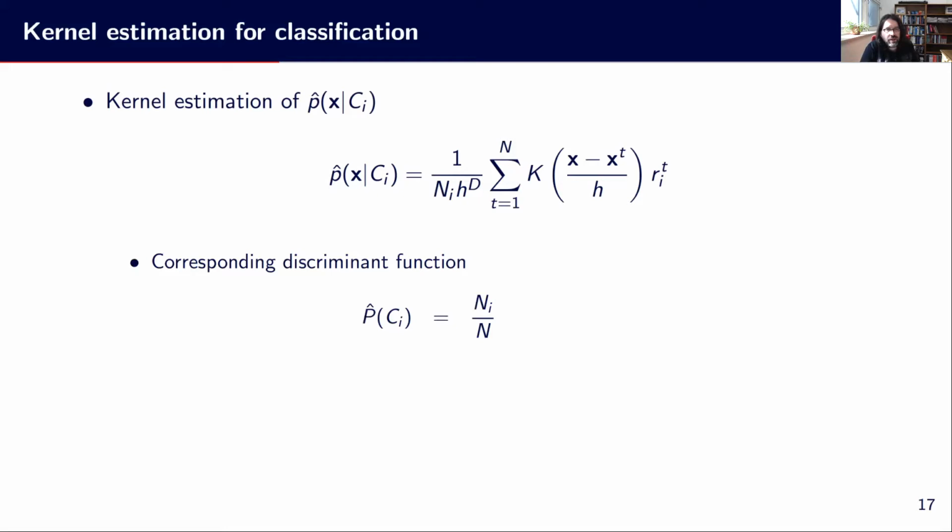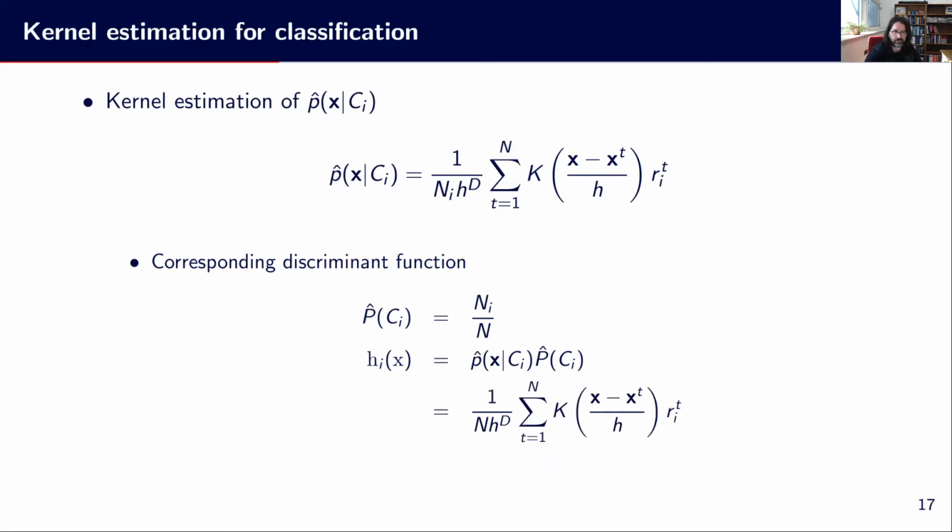And then using an estimation of the prior in that way, which is not new. We have a function h_i that is a classifier, as we know, but that is based on a kernel estimation of the distribution for that class from these samples at a given point x. If we are expanding this, the formula looks like that. If you ask what is the difference, we have ni here and n here.